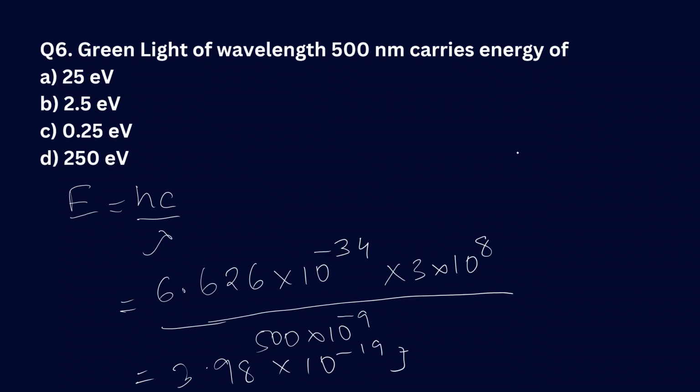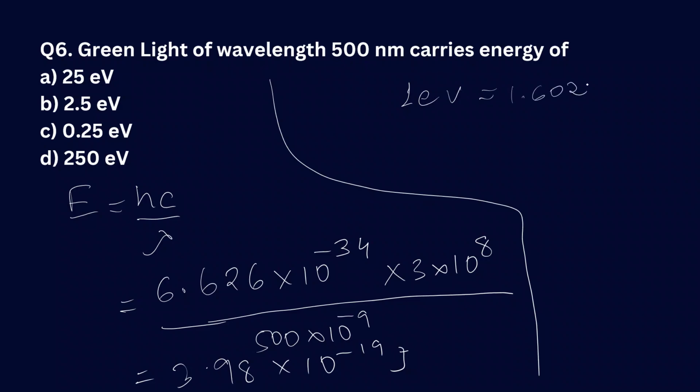This is the energy. It's in joule, so we want it in electron volt. So 1 electron volt is 1.602 into 10 to the power minus 19 joule.